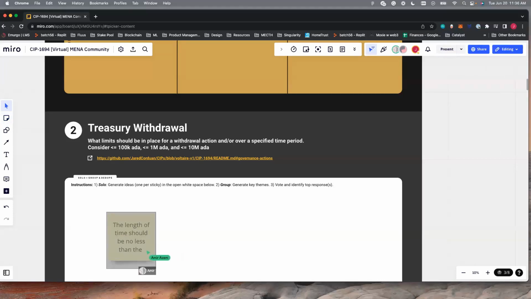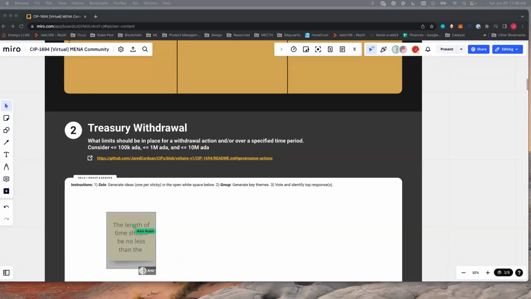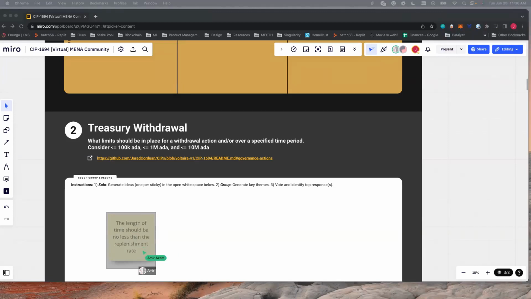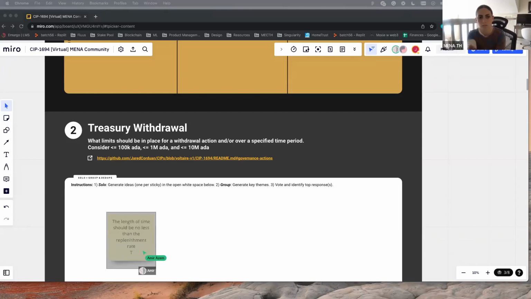They can't vote very frequently. I don't know, maybe monthly or quarterly, but the amount, I think, to Amir's point, makes sense that it needs to be sustainable. Only as much as the treasury has been replenished. I agree.